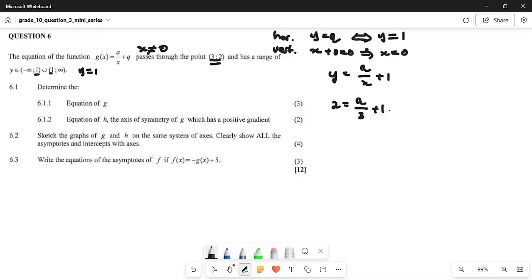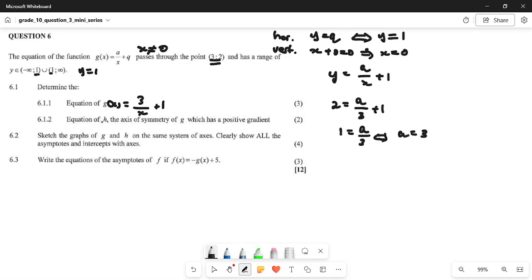To simplify, I'll transpose 1 to the other side. I'll have 2 minus 1, which is just 1, equals a divided by 3, and then I will cross multiply by 3. I will therefore have a is equal to 3. Which means our function g of x is defined by 3 divided by x, plus 1.